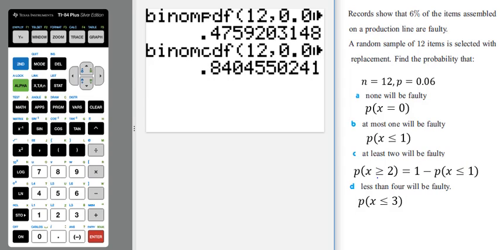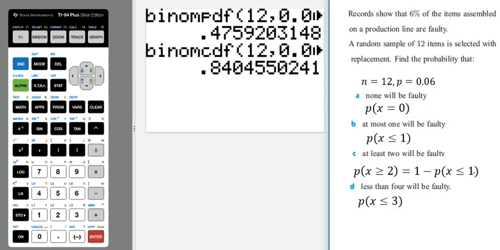Remember, greater than or equal to 2 means 1 minus probability x less than or equal to 1, not 2. Be careful for this part. This is 1, for here is 2.